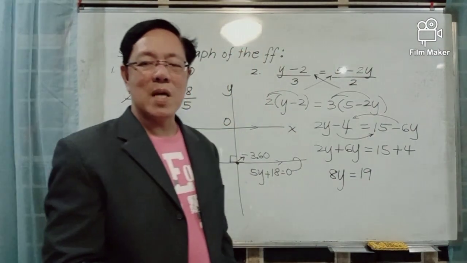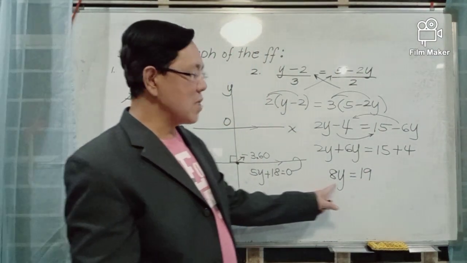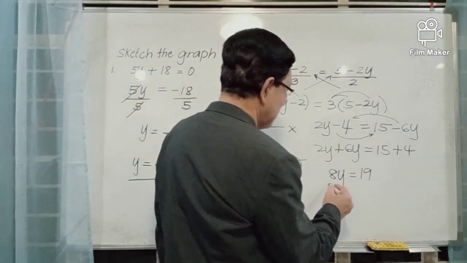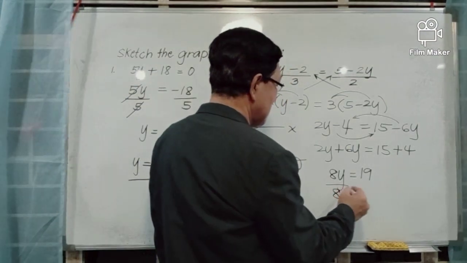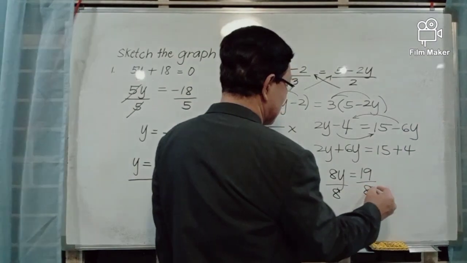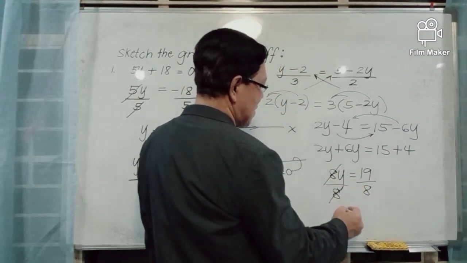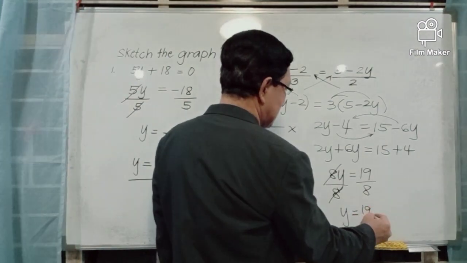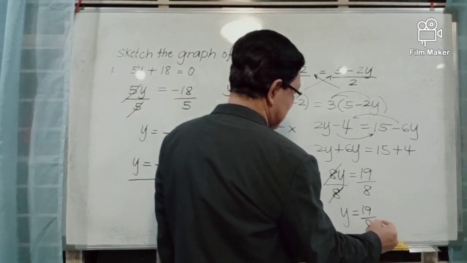And finally, we divide both sides of this equation by 8 to get the value of y. We divide the left side by 8 and the right side by 8. 8 will cancel out from the left, and we get y equals 19 over 8.